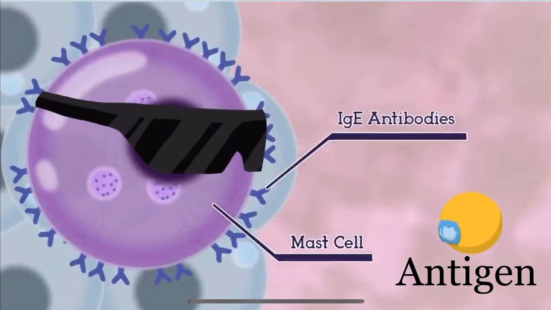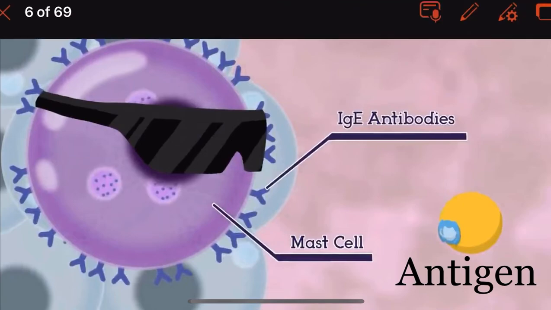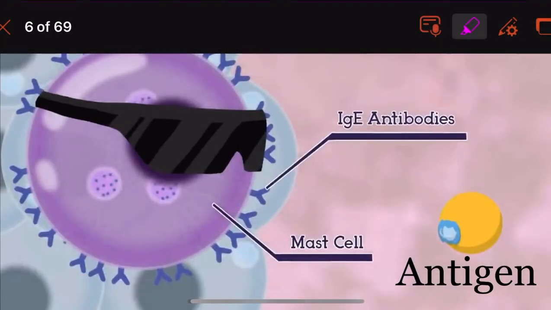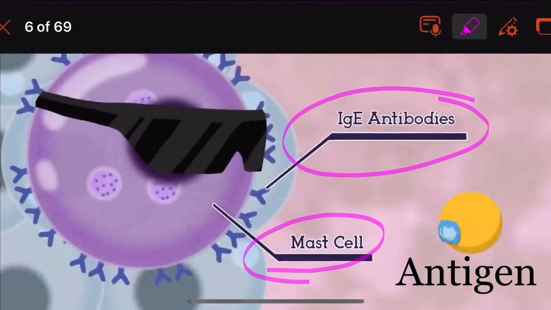Once these allergens enter the immune system, particularly the mast cells attached to the IgE antibody, the allergen will bind to the IgE antibody, which will activate the mast cells. So guys, you can see here, this is the mast cell and the IgE antibodies are attached to the mast cells.